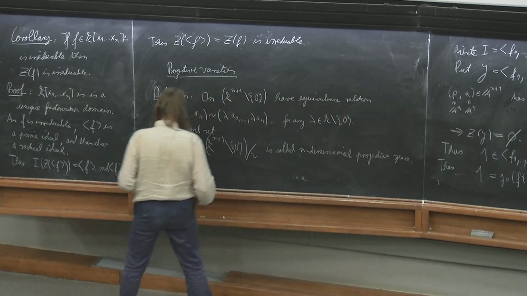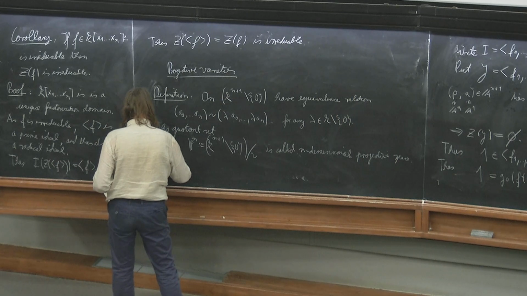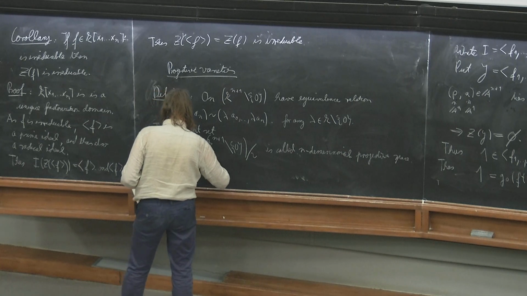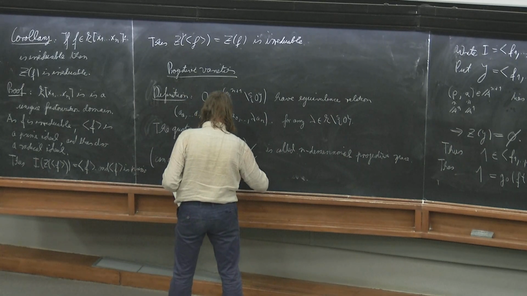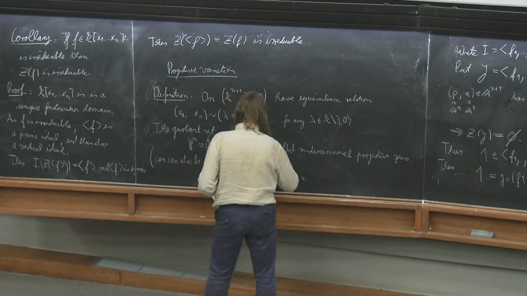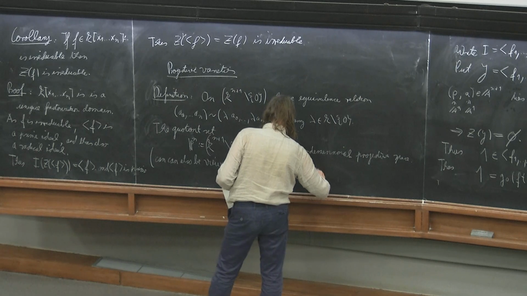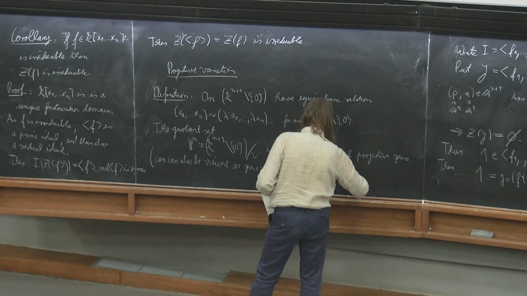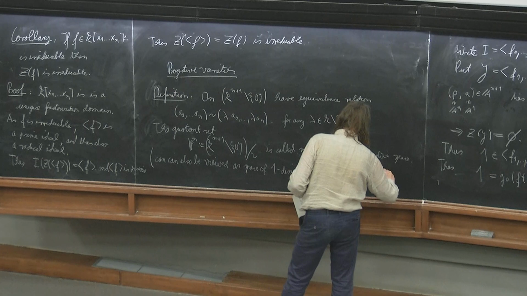And as I just said, it can also be viewed as a space of lines, a space of one-dimensional linear subspaces of K^(n+1).